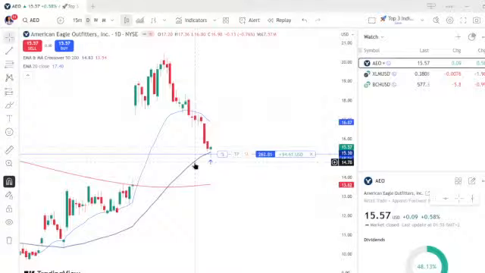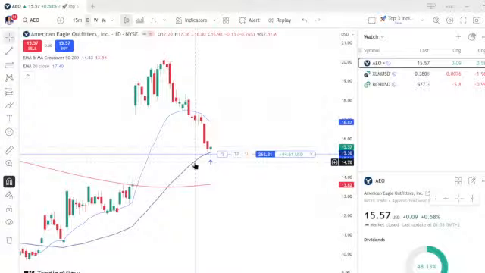What do we have here? So it's still pulling back, and it has gone below the 50-day moving average. This dark blue line here, maybe I should change the color to make it more defined, because what's happening is that the 20-day moving average is above the 50-day moving average.